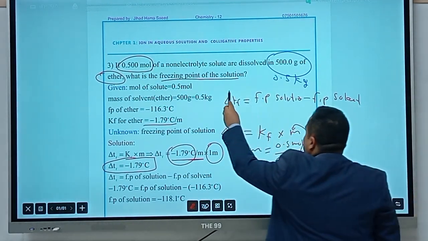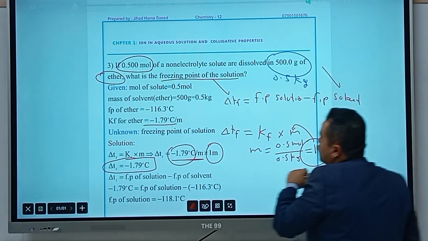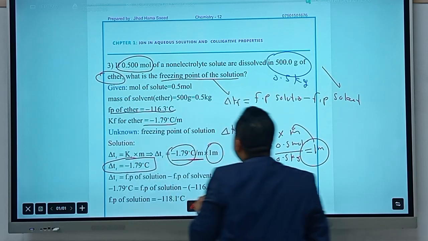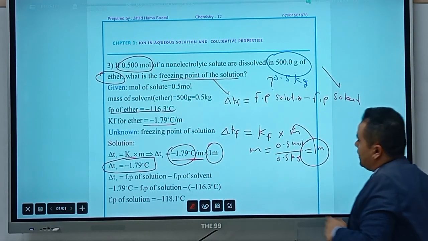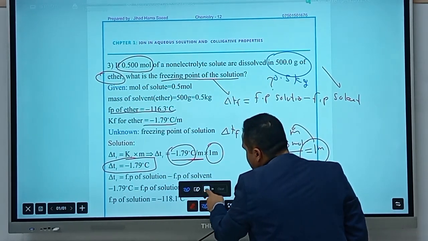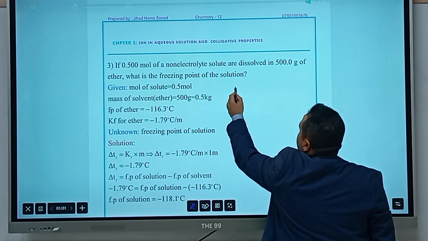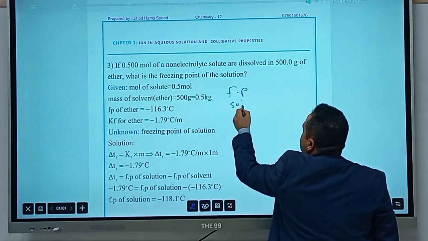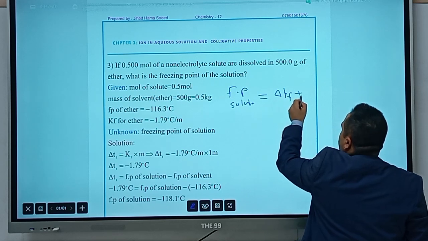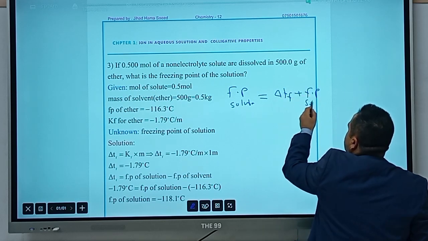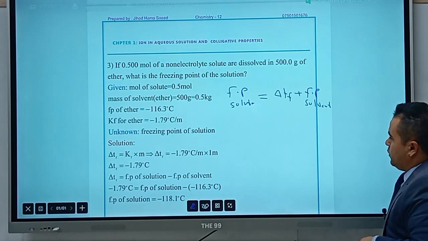When we know the delta TF, and we also know the freezing point of the solvent, which is given here, the ether, will you be able to calculate the freezing point of the solution? Yes, of course. So let us calculate it. The freezing point of solution is equal to delta TF plus freezing point of solvent, because the freezing point of solvent must be taken to the other side.